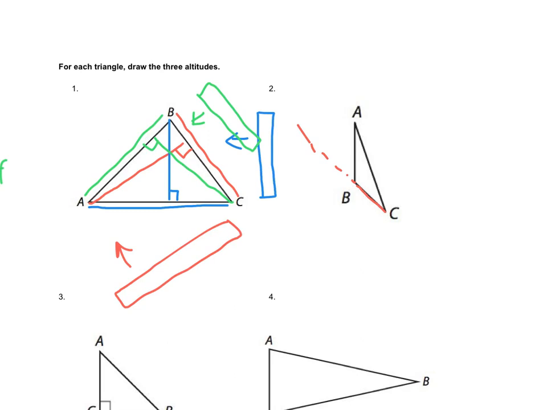And then the same thing is true coming across from point C to side AB. We'll change colors there and make that blue. You're going to want to extend that side out as well. Hopefully the green altitude is a little bit easier because that's going to come right across from B to the other side. But keep in mind that when you're doing those red and blue altitudes to those extended sides, you're going to be ending up outside the triangle.